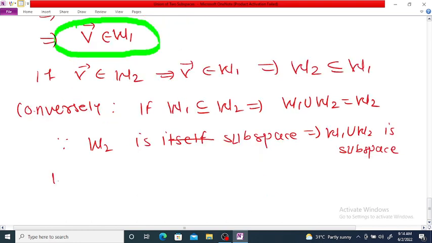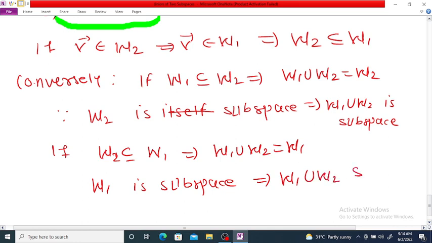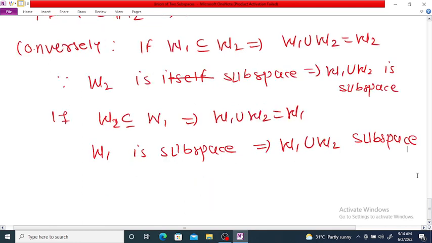Now if W2 is a subset of W1, then W1 union W2 is equal to W1, and W1 is a subspace, given, then W1 union W2 is also a subspace, and hence the proof.